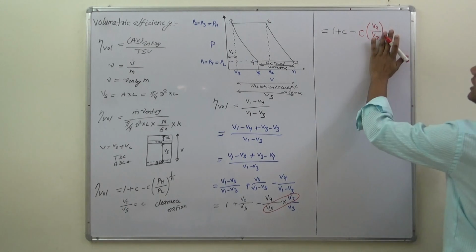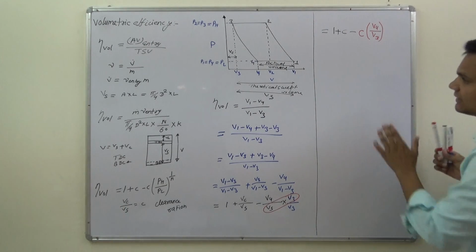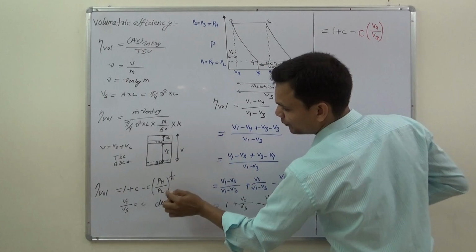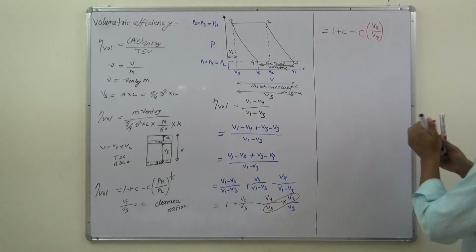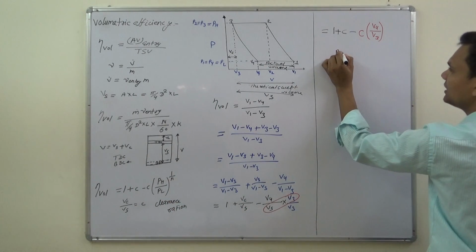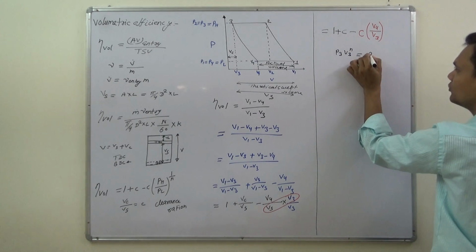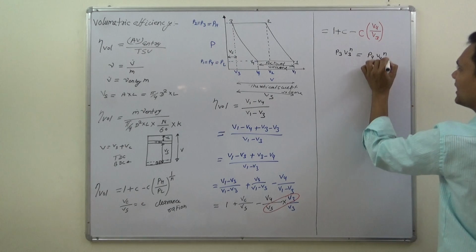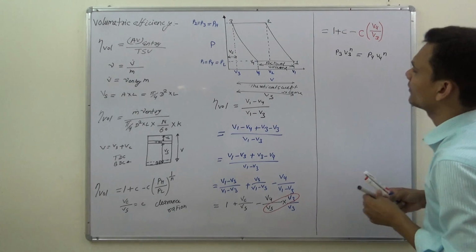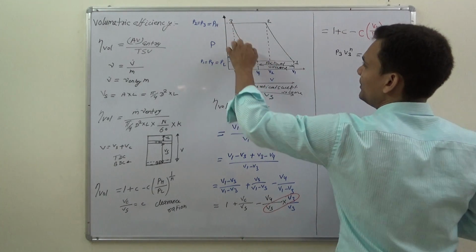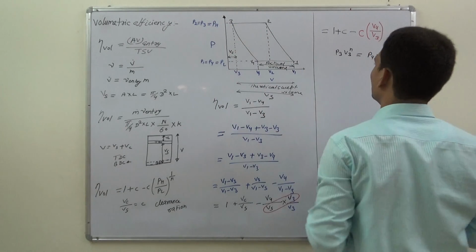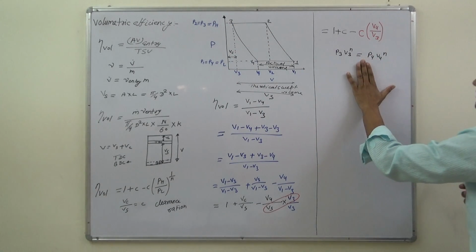If we want to convert this volume term into a pressure term, we can write P3 V3 to the power n is equal to P4 V4 to the power n, because if we take this process as an adiabatic process, then we can apply this formula.